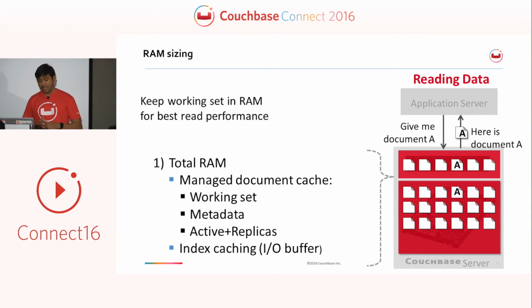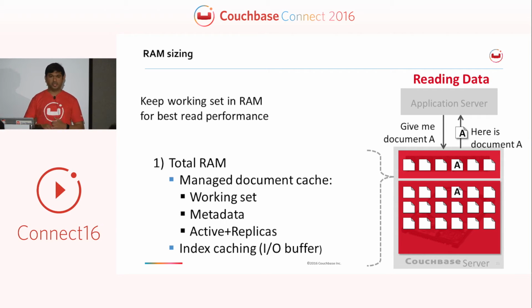The managed cache contains the working set, which includes the active and replica documents. You need to make sure you have enough memory to fit the replicas as well, because you don't want to read from disk when you have to promote replicas to active in case of an inevitable failure.